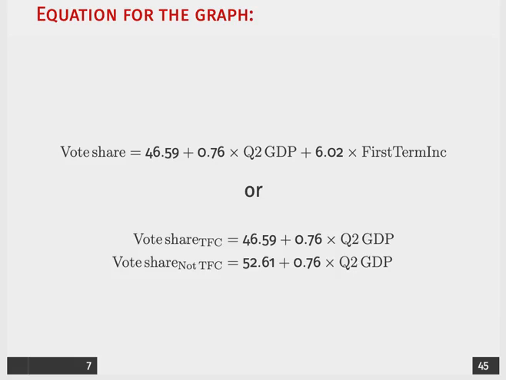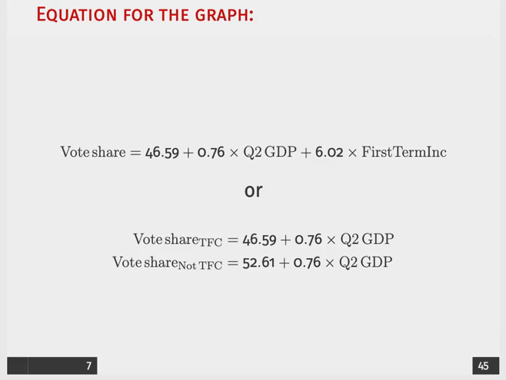Now, another way to represent that, because this is a dummy variable, remember, where time for change can be 0 or 1, is that we can rewrite this equation for when it's either 0 or 1. So if it's 1, or in other words, just the first term, right? So not time for change, that's the bottom one.